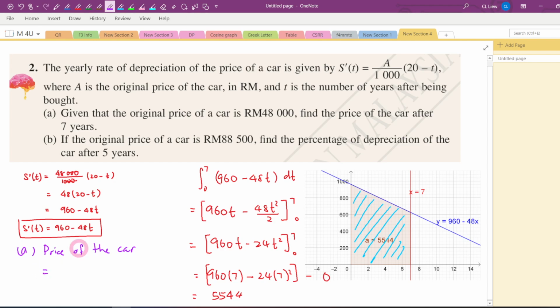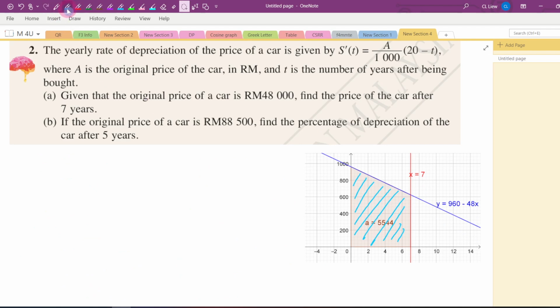After 7 years, this is the original price, right? You take 48,000 minus 5544. Okay, so the answer is 42,456 ringgit.